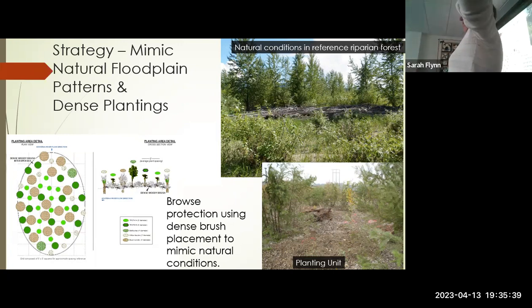But we spread them out in these wide bundles to create this messy matrix of wood, like when a tree branch falls down and you have all those limbs that stick out and you can't walk through it. So we try to emulate that by making these protected sites in these riparian areas so that natural recruitment can happen in there, and we can also hide plants in there and keep them protected from browse or other disturbance.